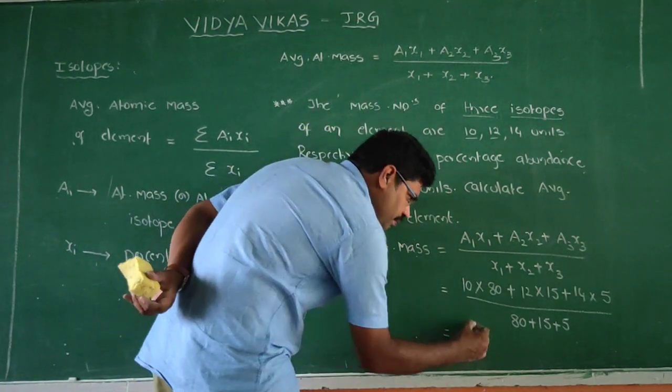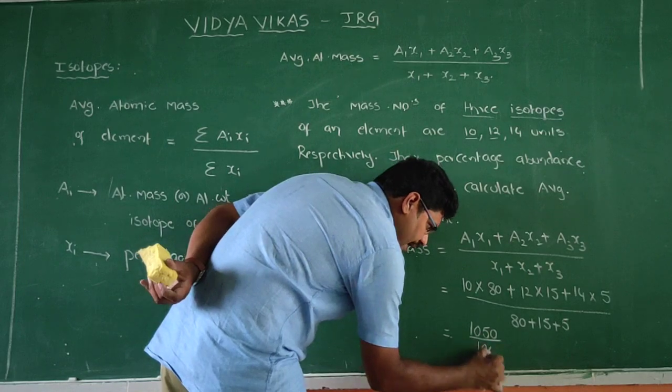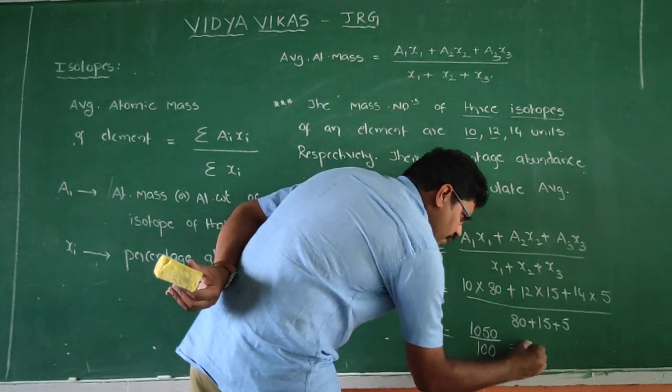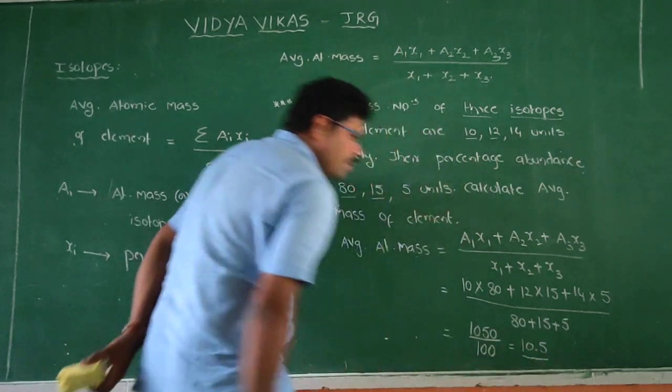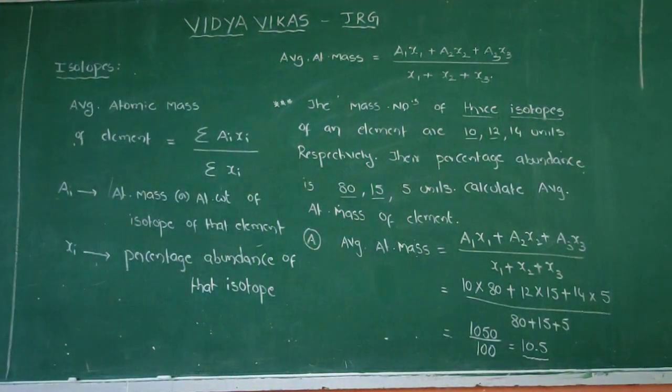After multiplication we get 1050 by 100, dear students. And that's why the average atomic mass of that element is 10.5. Keep in mind.